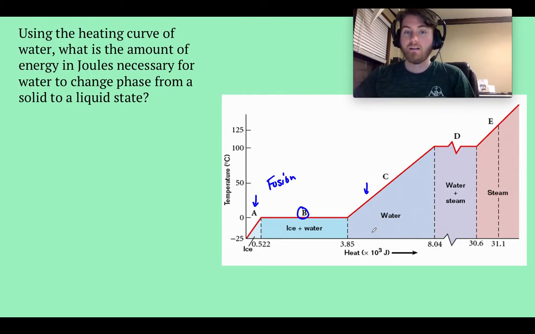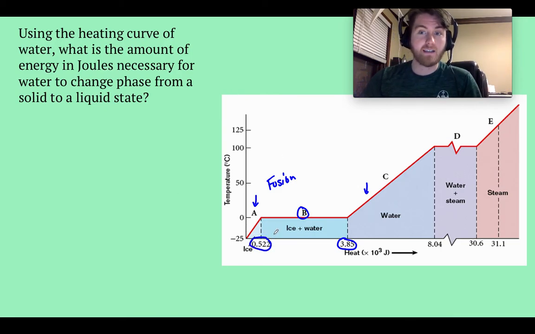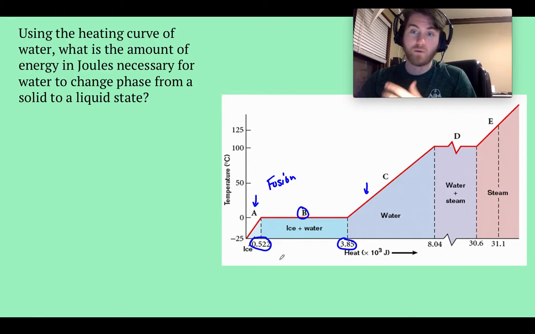Okay? So if we want to calculate the heat of fusion, let's first figure out what our 2 points are on either side of the heat of fusion. I'm going to say that this value 3.85 and 0.522 are either side of my heat of fusion. Now, this is asking from a solid to a liquid state. So thinking of final and initial, my final is going to be the liquid. This is my final.